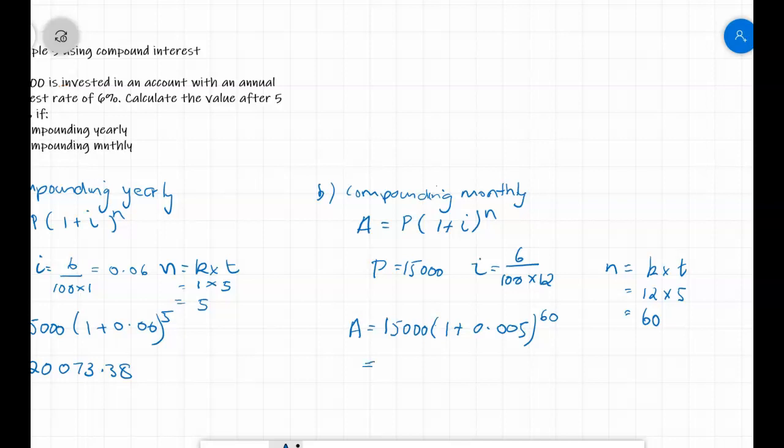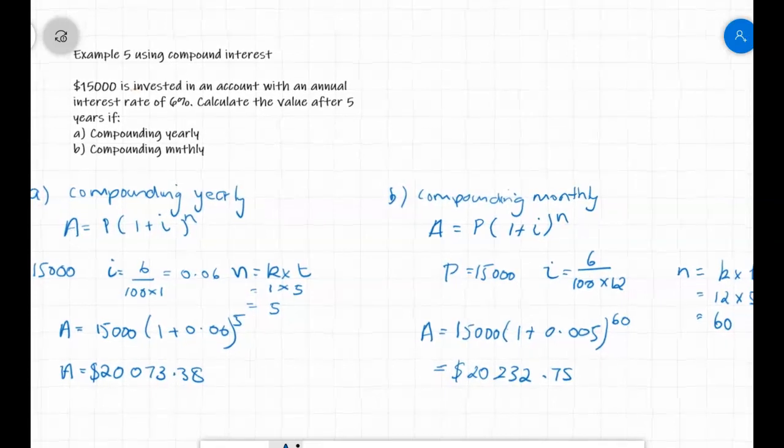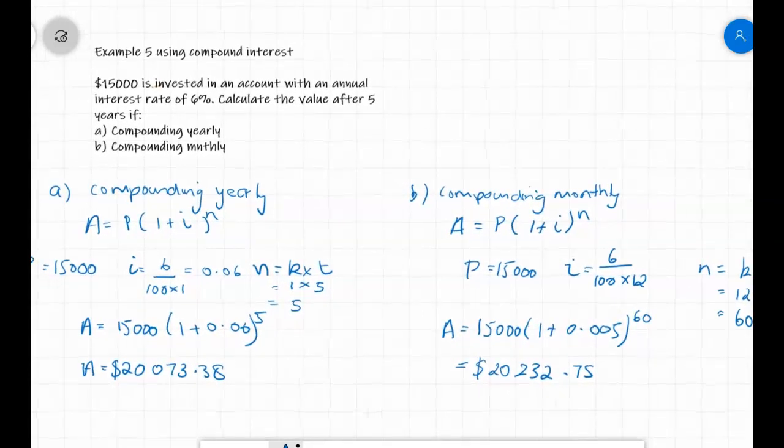So when I put that into my calculator, I come up with the value of $20,232.75.